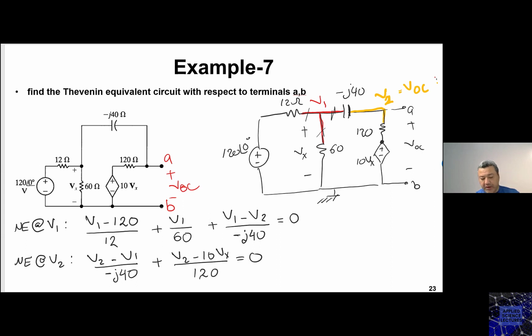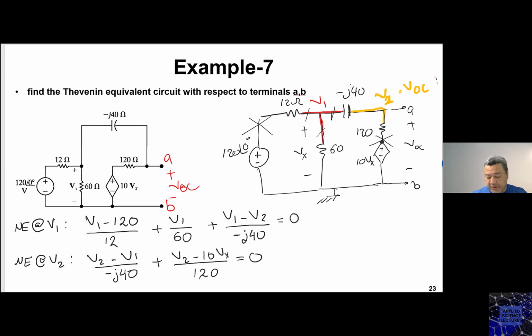equals to 0. Now in nodal analysis, notice that we don't write the nodal equations at the nodes that are connected to the source if the ground is connected to the other terminal, which means I did not write a nodal equation at this node, and I also did not write the nodal equation right at this node.